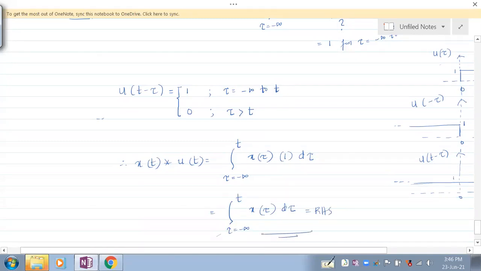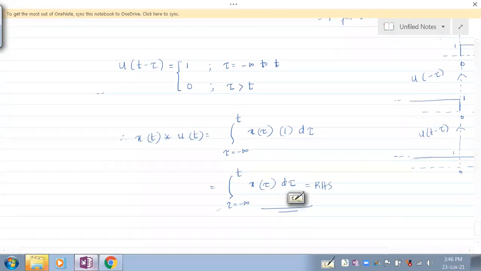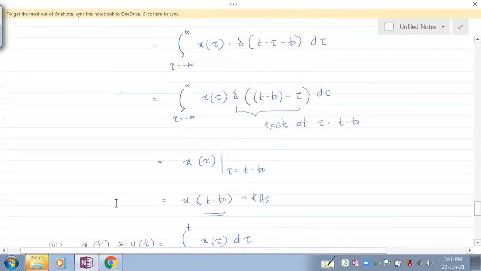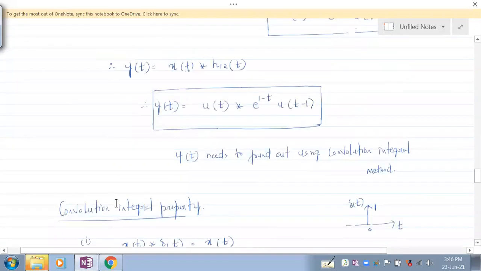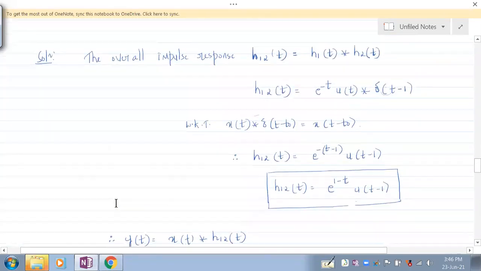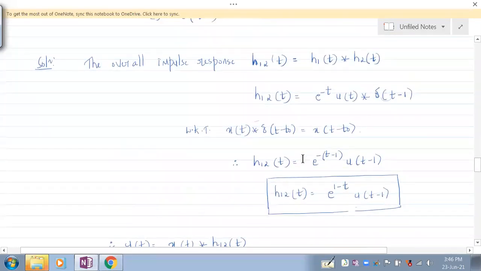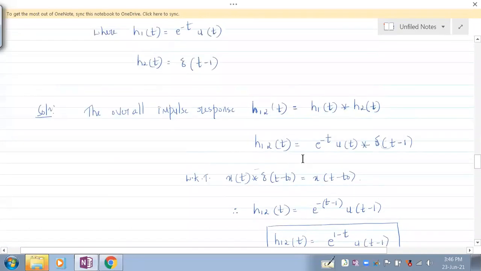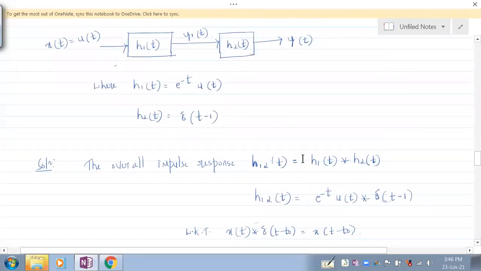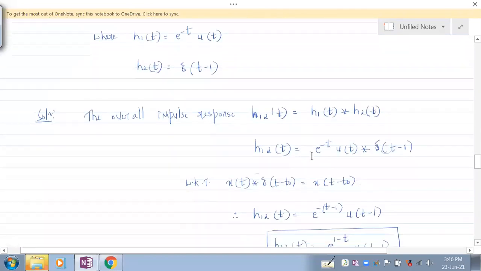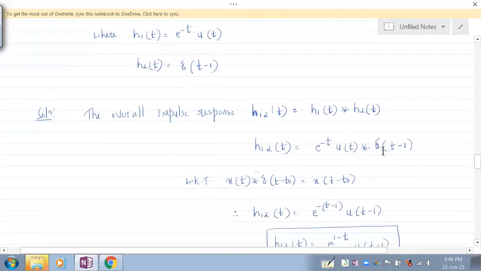Everybody understand this? These are the properties that we used in the problems that we have solved. Let me take you there. See here, a signal is being convolved with the shifted unit impulse response. So which property are we using? This is the property we're using.